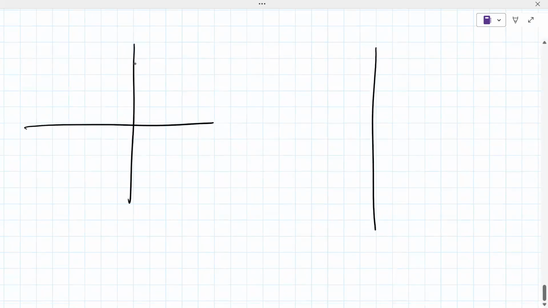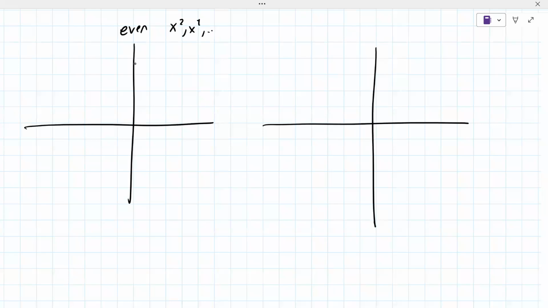Okay, so there's 4 graphs. If the degree is even, you can think of an x squared, x to the 4th, and so on. There's 2 possibilities. Either it starts high and ends high, or starts low and ends low. For the first one, this is when the leading coefficient is positive.